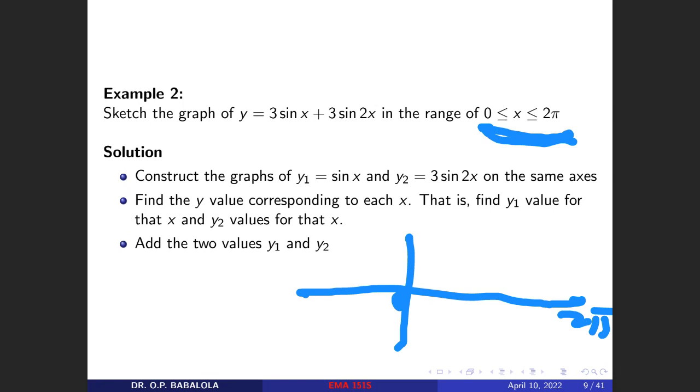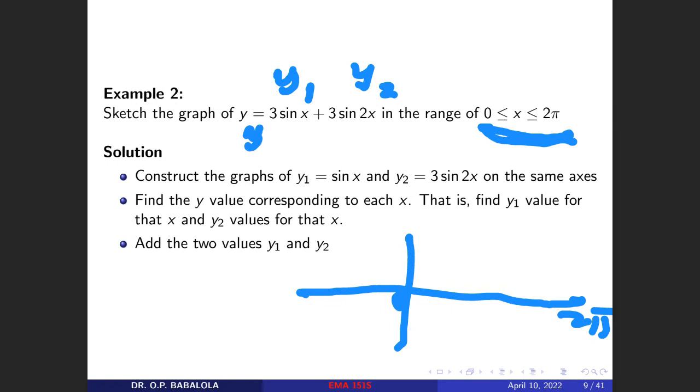All right. So to go with the solution, I've actually written it out so that when you're reading on your own, you can go back to this. The first thing is to construct the graphs of y1, and this will be y2.